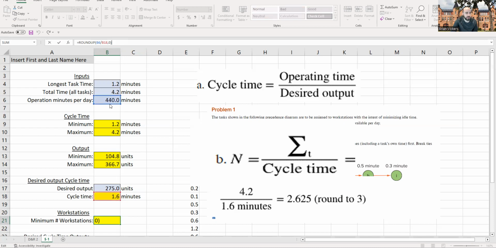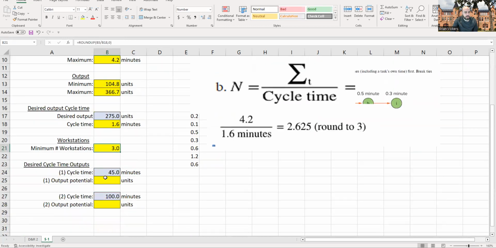Sorry, I'm looking at formula A. Sum of all task times, 4.2 divided by 1.6. This formula right here. And I get 3. So round up, let's do that one more time. Equals round up, 4.2, sum of all task times divided by cycle time, comma 0. And I get 3.